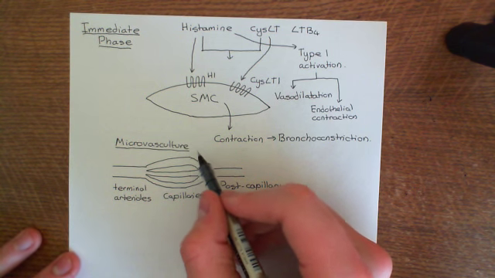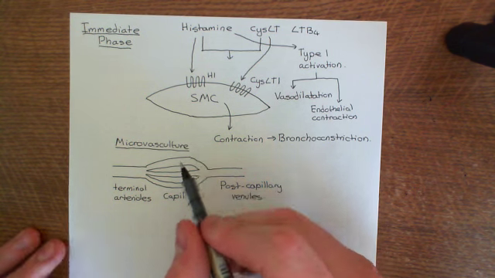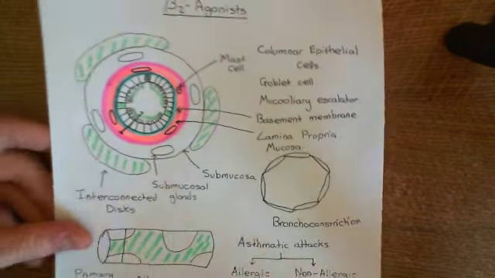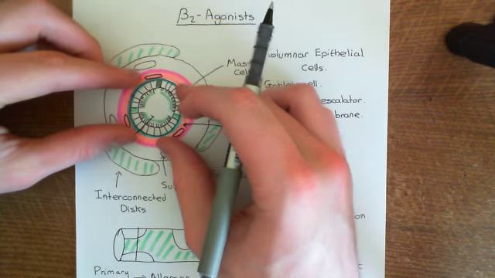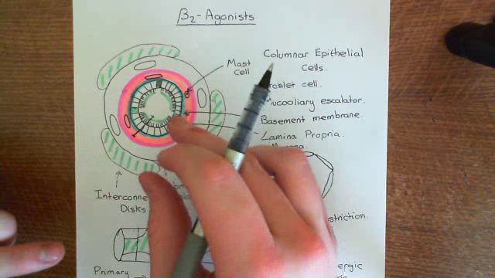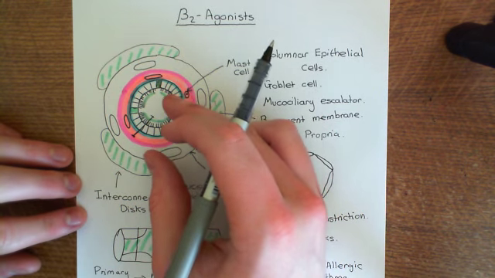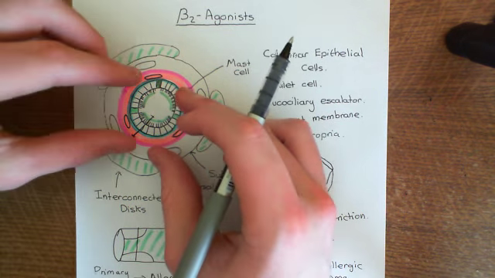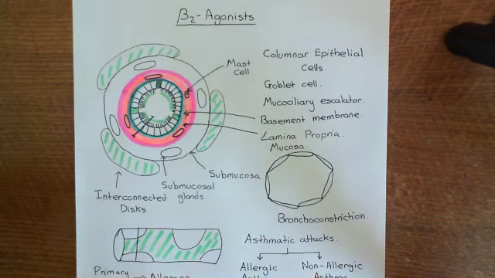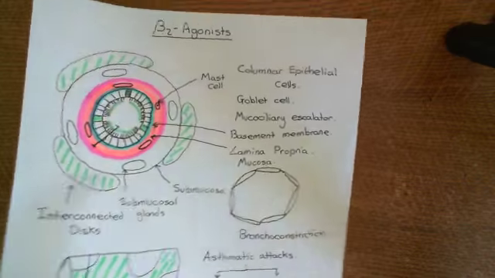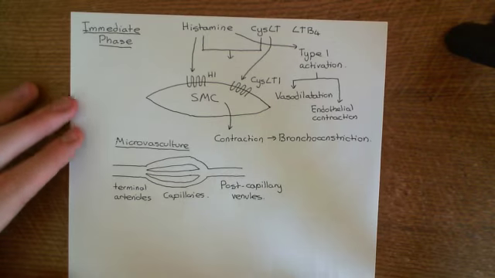So that will cause swelling of the lamina propria, and when the lamina propria swells, it's going to push on the basement membrane and the epithelial cells underneath that, pushing them inwards basically, and that also leads to the narrowing of the airway.